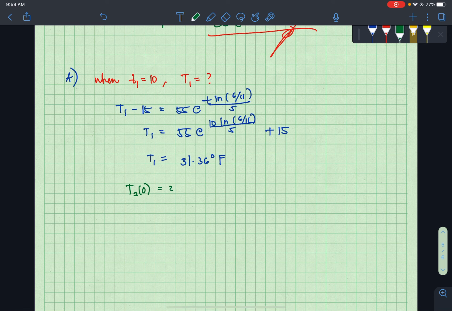So that will be 31.36 degrees Fahrenheit, which is equal to T1 of 10. So T1 of 10 is equal to T2 of 0. So that makes 31.36 degrees Fahrenheit.